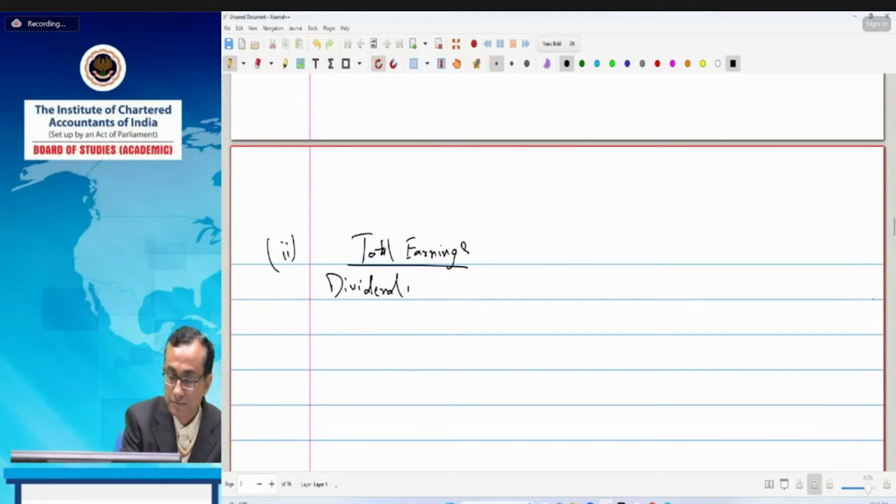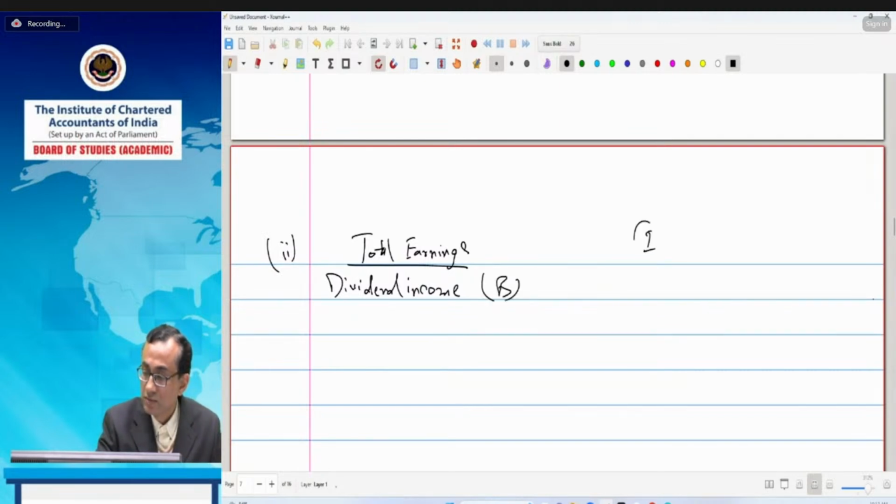Dividend income. Just denote it as point B. This is scenario 1 and this is scenario 2.